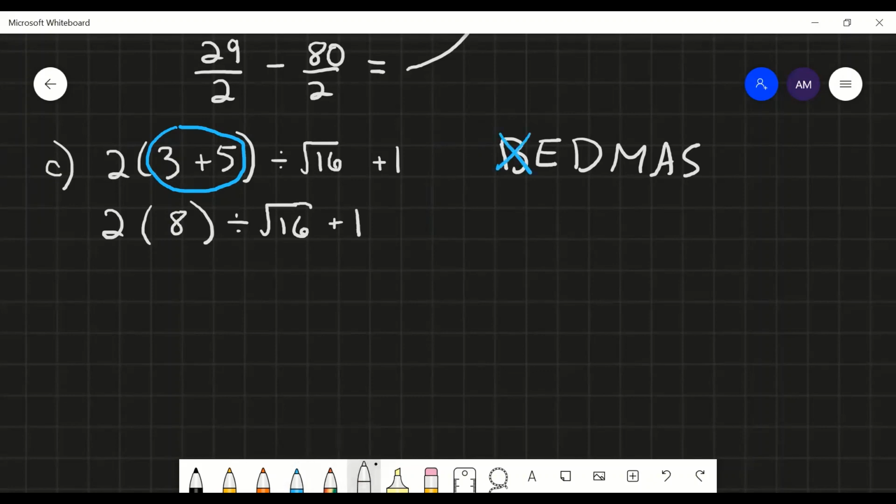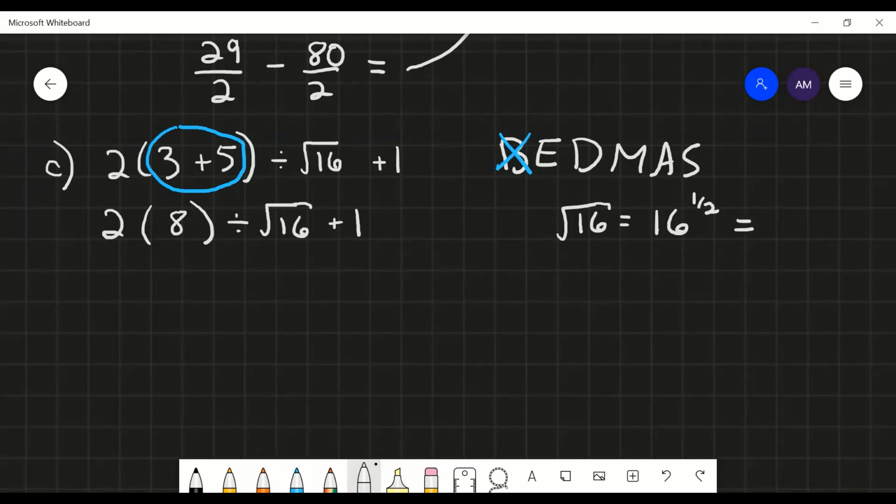Exponents are next. So it may not look like it, but yes, there are exponents in this example. Because if you remember, a square root of something is the same as raising it to the power of 1/2. So this would be the time to do any square roots or any cube roots or any roots of any kind, or any exponents if there were any that were not roots. So what is the square root of 16?